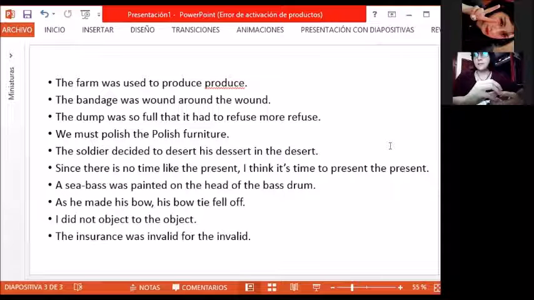The next one says since there is no time like the present, I think it's time to present the present. The next one says a sea base was painted on the head of a bass drum, maybe. As he made his bow, his bow tie fell off, I think. I did not object to the object. And the last one says the insurance was invalid for the invalid.